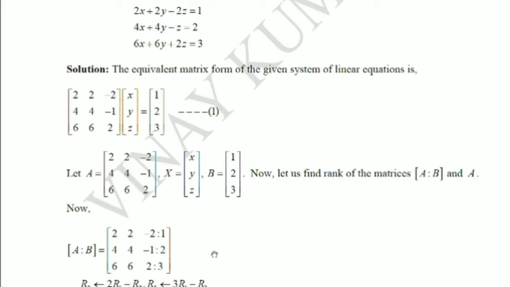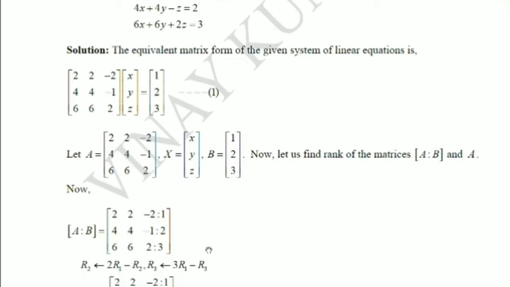Now we know how to find the echelon matrix of any matrix. In the echelon matrix, the leading non-zero entry in each row must be 1, and below that 1 we should have only zeros. That is the condition. Now see the first row, where we have 2.